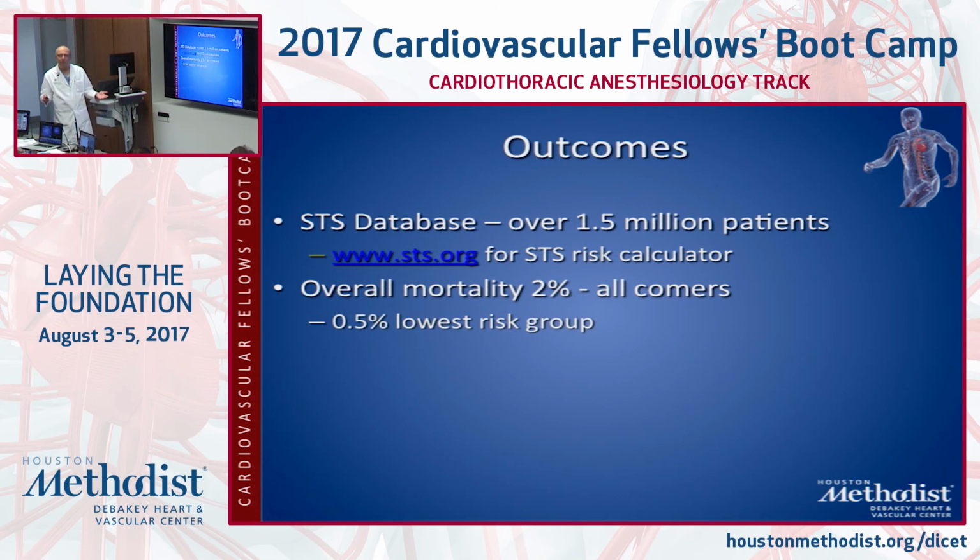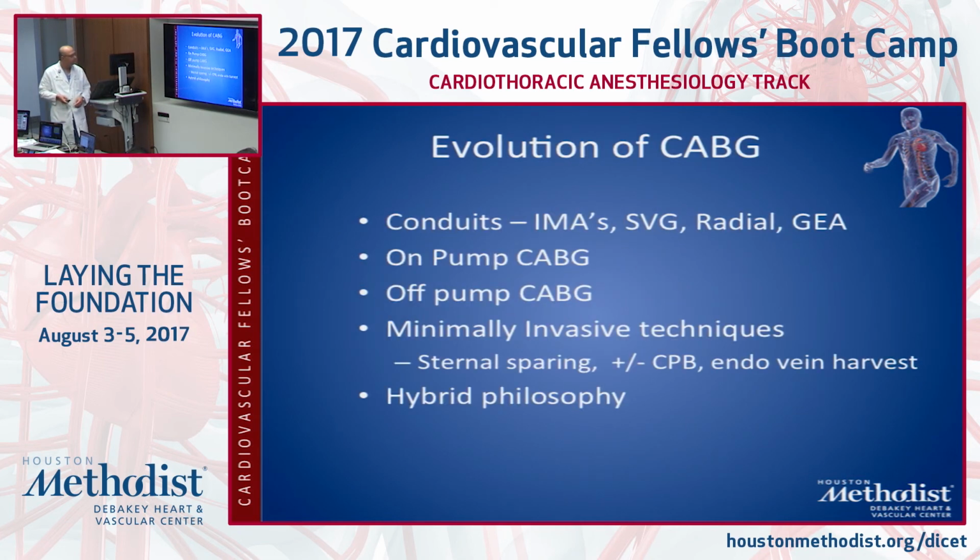About 95% of institutions in this country that do cardiac surgery participate in the STS database. And the overall mortality is about 2% for all comers. And the lowest risk group nowadays, the mortality is 0.5%. The expectation is close to zero, practically, for the lowest risk patients.